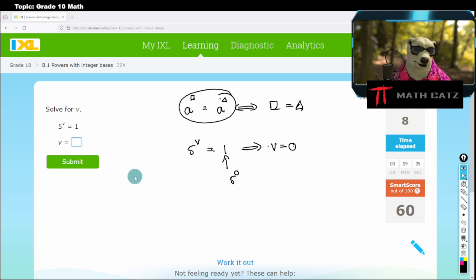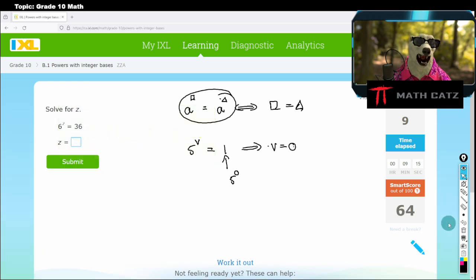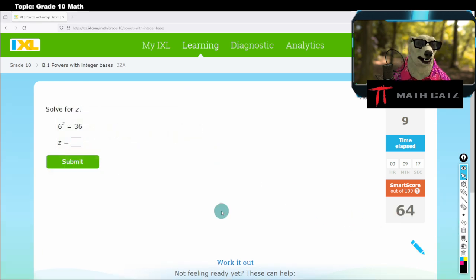There are a few, but they're not too overwhelming. We'll leave it at that. I'll press submit just to feel the satisfaction of being told I'm right. You can do that one with the exact same property, making the base on both sides the same. But we'll stop there for our little introduction.